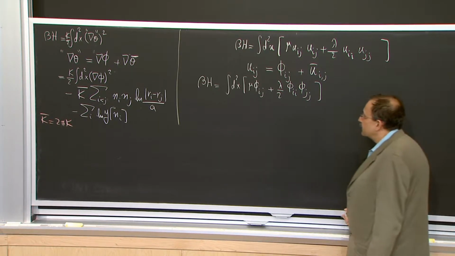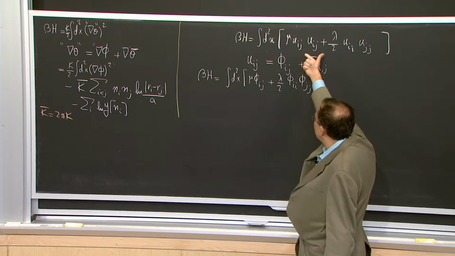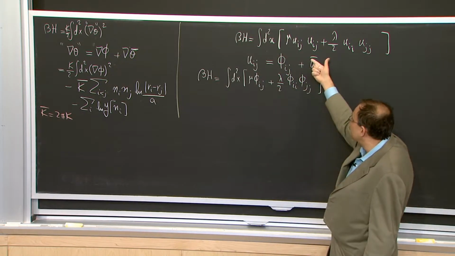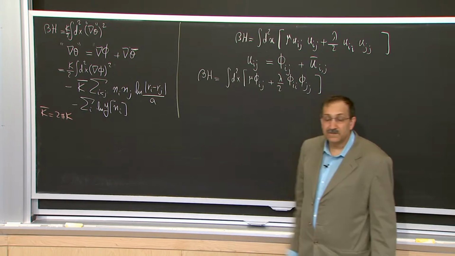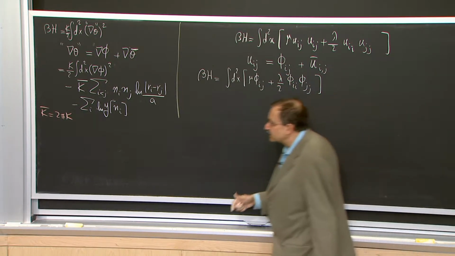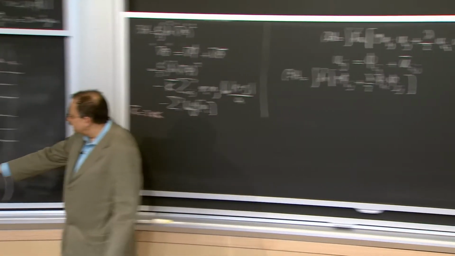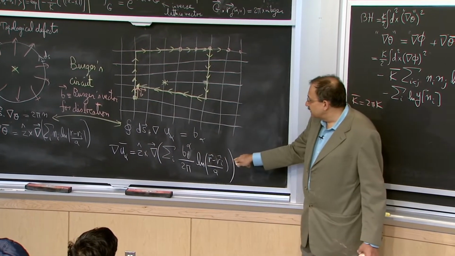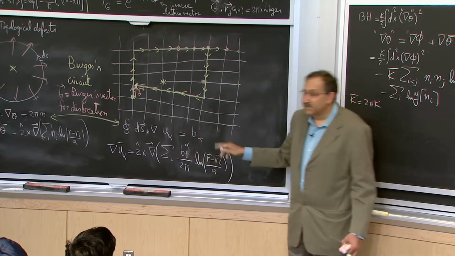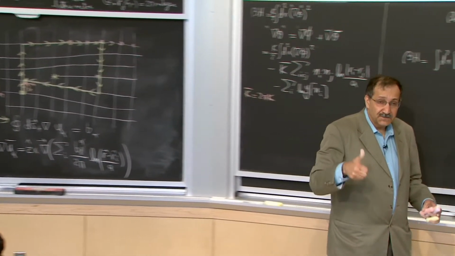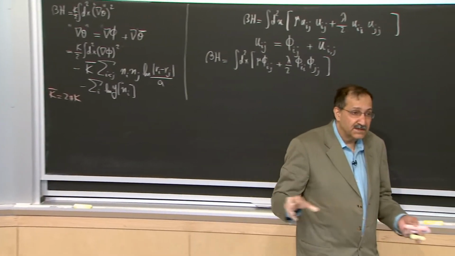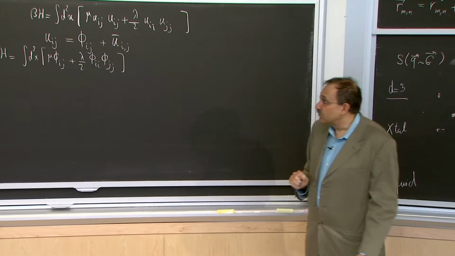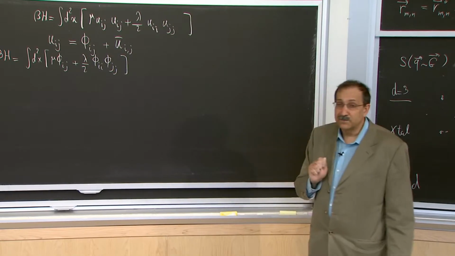And then you wouldn't be surprised because this structure is no different from the other structure. There's essentially a gradient of this distortion field squared, and you can see that if I take a second derivative of this distortion field or one derivative of this, effectively I will have two derivatives of a log, which will give me a delta function. So essentially these things do behave like what you would get from Coulomb type of potential.